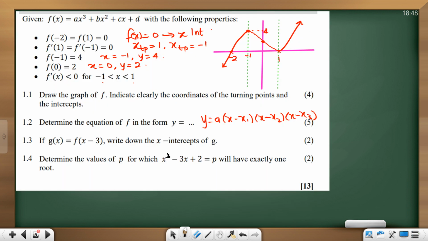What's the question? Write down the x-intercept. No, you won't be penalized. Guys, this one is now functions, and a lot of people just struggle with this last question.